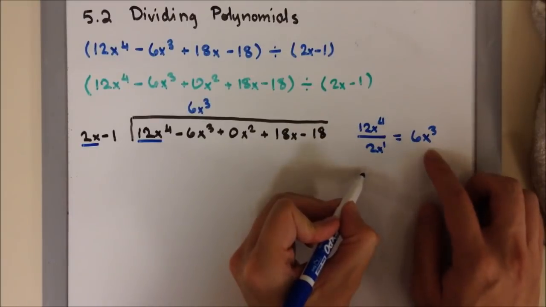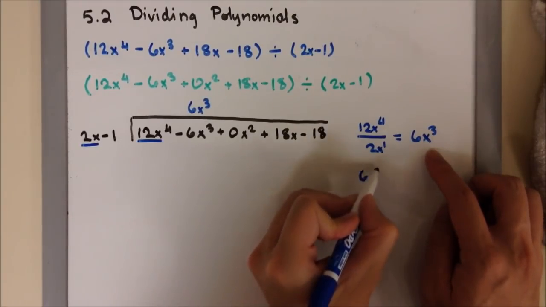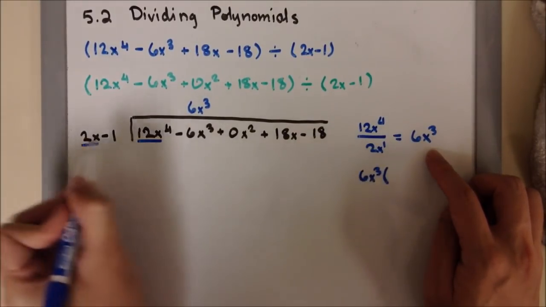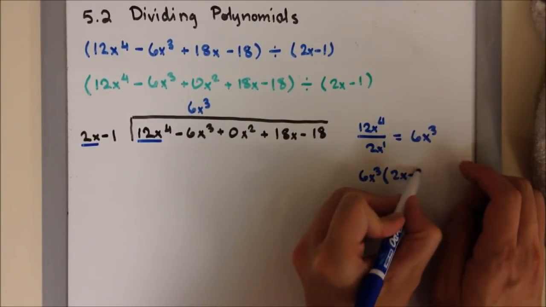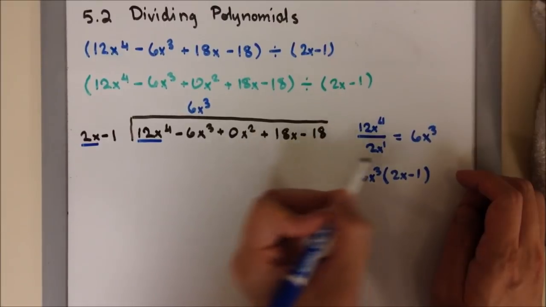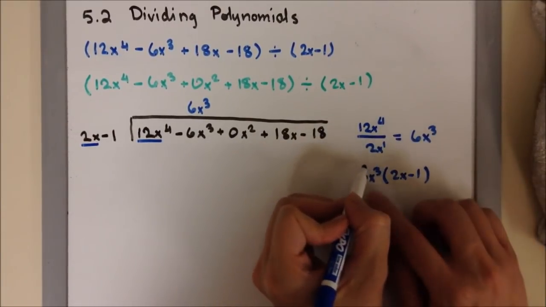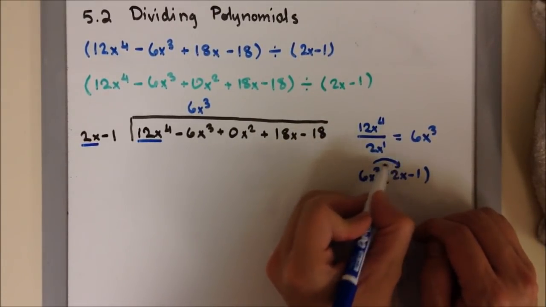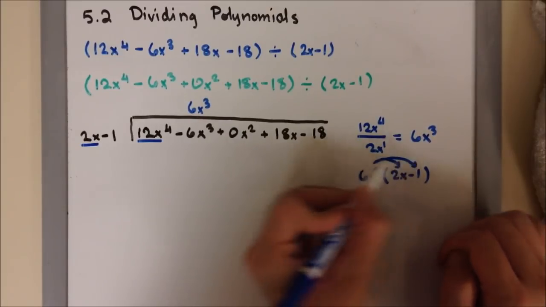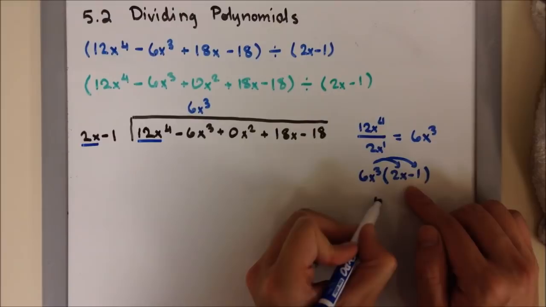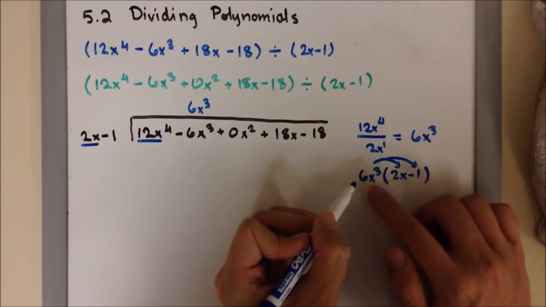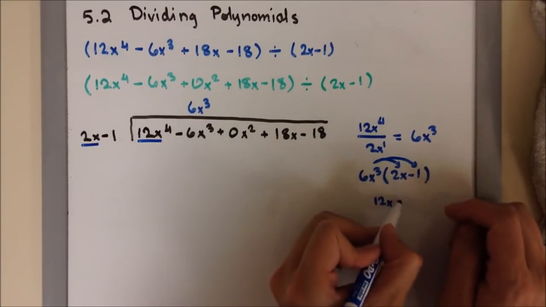Next, I'm going to take 6x to the 3rd and multiply it by our divisor, 2x minus 1. So I'm going to distribute my 6x to the 3rd to the 2x and to the minus 1.